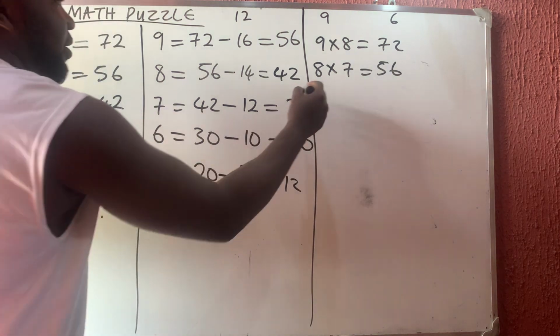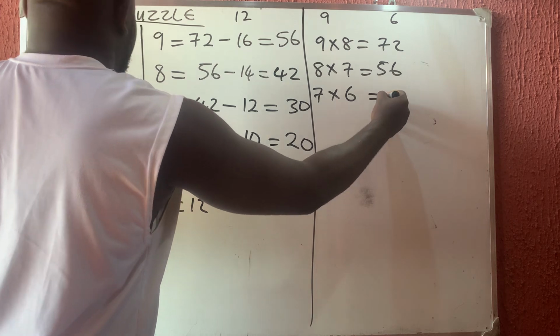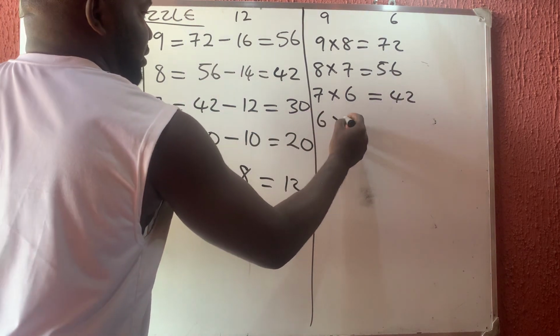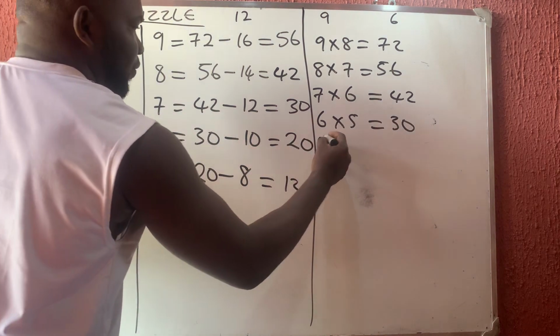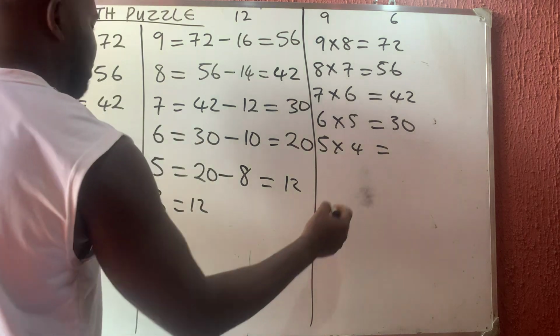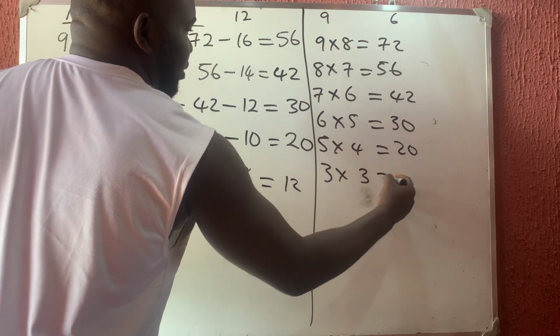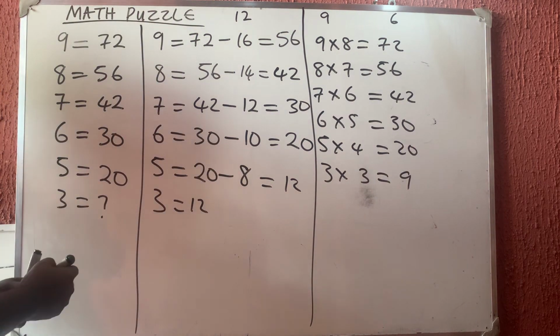They came down here, 7 times 6 to give them 42, right? Come down, 6 times 5, you have 30. Come down again, 5 times 4, you have 20. Come down again, 3 times 3, you have 9. Can you figure out the mistake there?